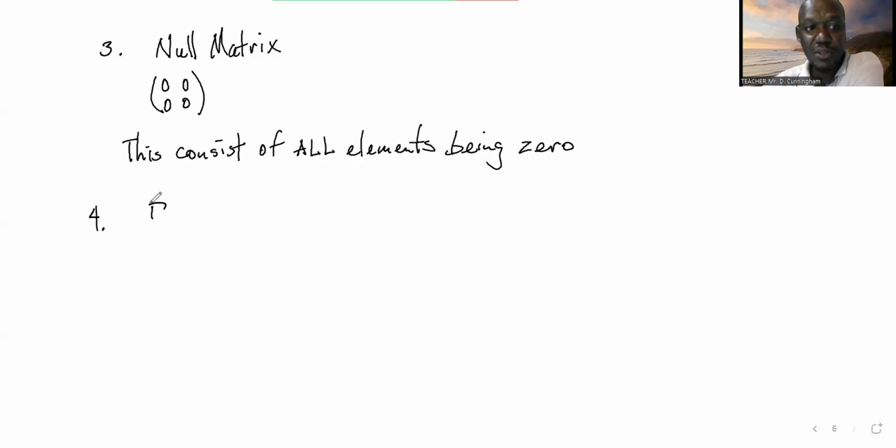This one is important because when we do the diagonal matrix, and when we do the adjoint and so on, and finding the determinant, we have to come back to this. So this is called a diagonal matrix.